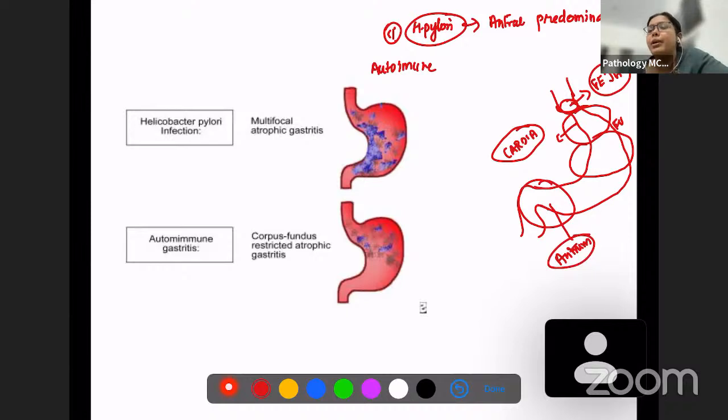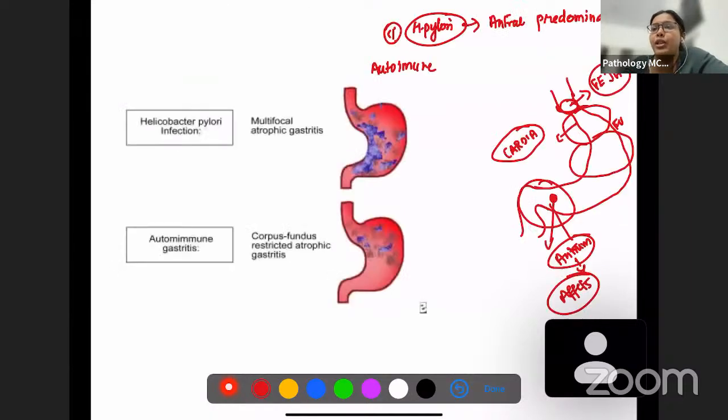H. pylori gastritis usually affects the antrum of the stomach. So whenever you suspect that a patient has an H. pylori infection, the biopsy should include tissue from the antrum. This is one important point to remember.